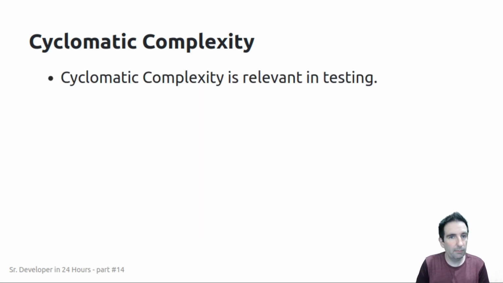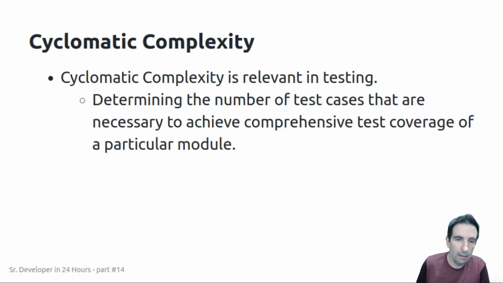All right, and also, as we try to tie everything together into how this can make the software development life cycle easier, cyclomatic complexity is also relevant in testing, because it can help us determine the number of test cases that are necessary for us to achieve comprehensive test coverage of a particular module.